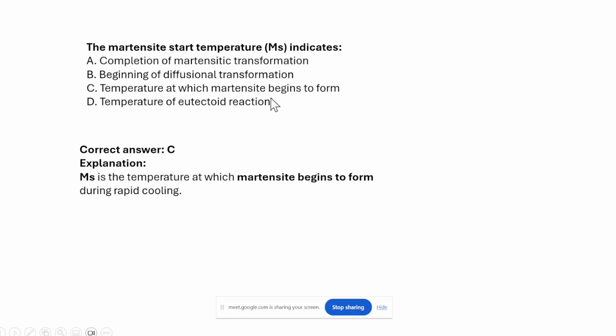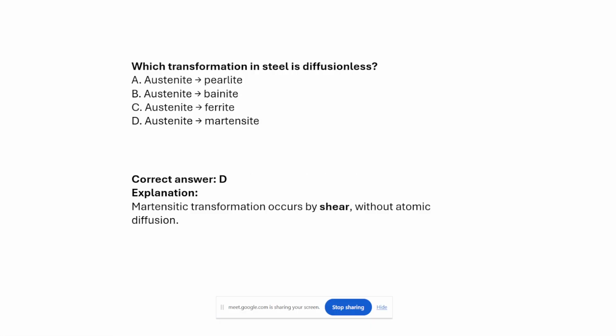Temperature at which martensite begins to form, or temperature of the eutectoid reaction? No, so the answer will be C: the temperature where martensite starts forming during rapid cooling. Next, which transformation in steel is diffusionless? Obviously, diffusionless is nothing but martensitic transformation.